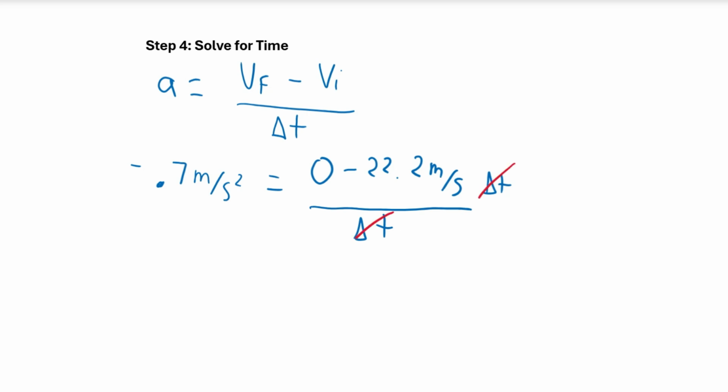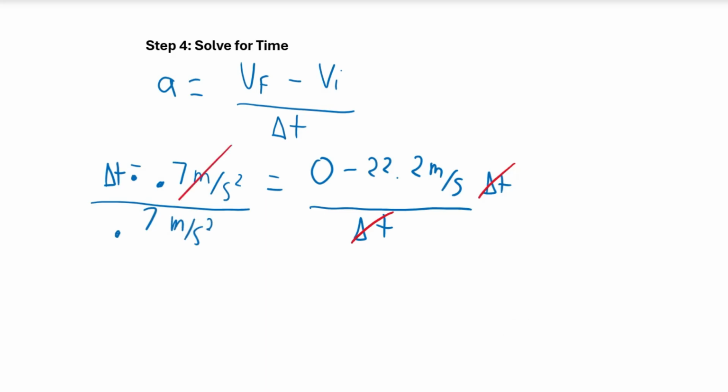That cancels out delta t. And remember, whatever we do to one side of the equation, we have to do to the other side. So we multiply by delta t. And then we have to get delta t by itself. We are going to divide by our acceleration.